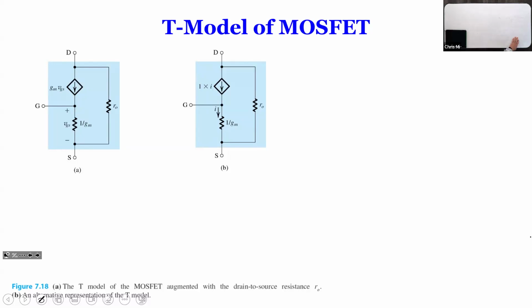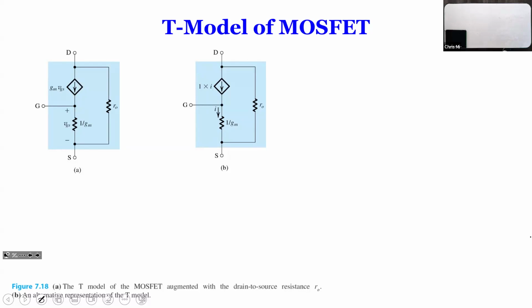Another mistake our students sometimes make is that they accidentally add the resistance between gate and source instead, or between drain and gate. Remember, this resistance is across drain and source, right?